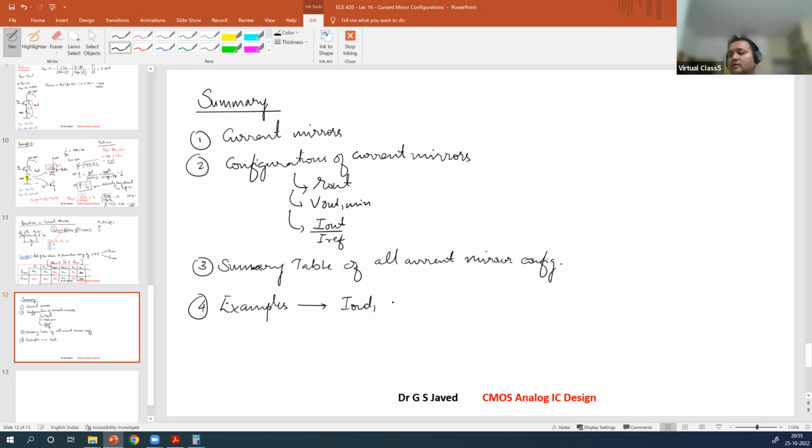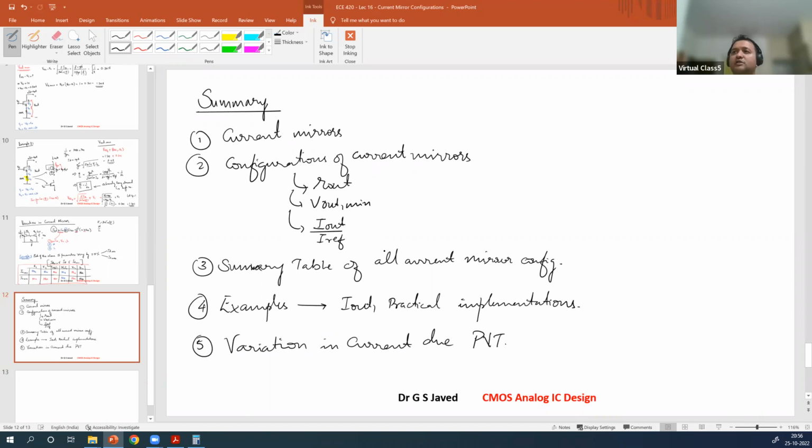But your practical implementations, replacing all resistors with transistors. So we found all of these, and finally we understood the importance of variation in current due to PVT changes, process, voltage and temperature.